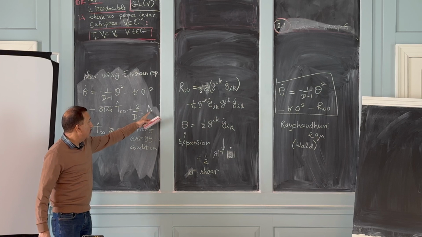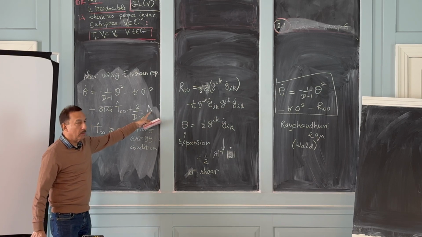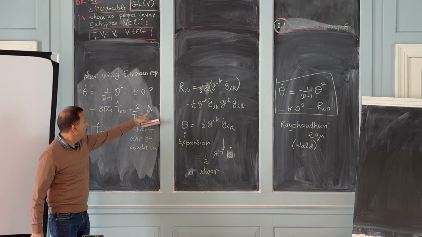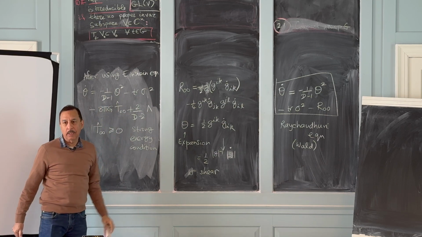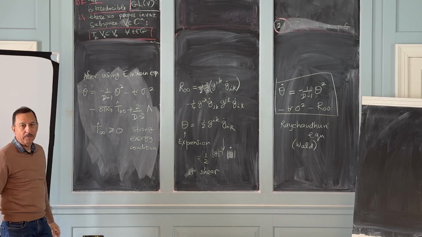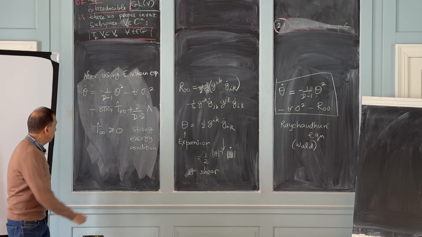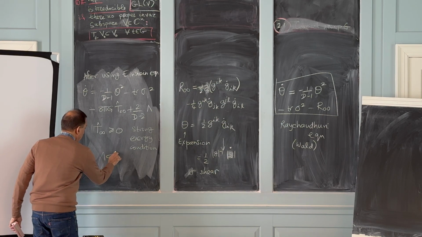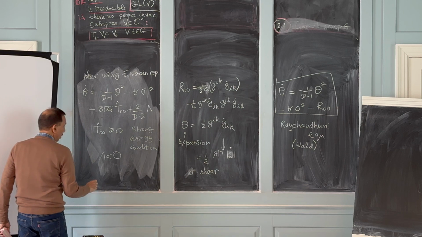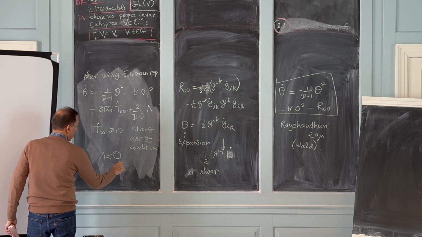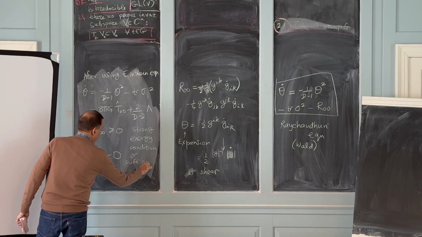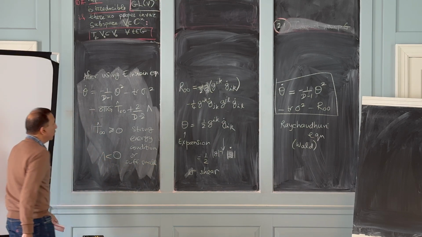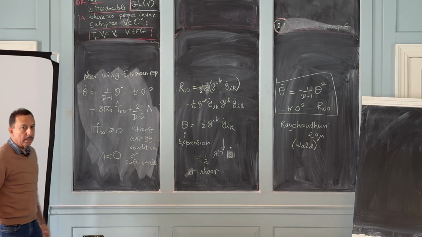And this is a slight spoiler, because if lambda, this is the cosmological constant, is positive, then in principle it stops the right hand side from being negative definite. But we just assume that either lambda is negative, which is not what we believe in our world, or sufficiently small relative to these other terms.